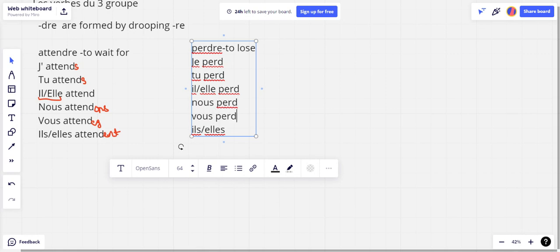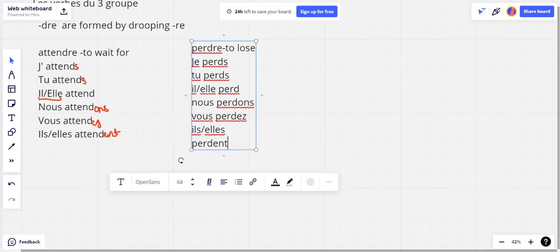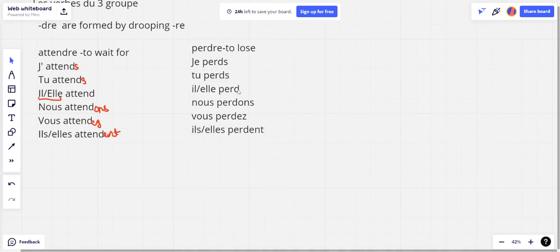That's why I'm doing this one, because there is a very similar verb related to this, and we're going to discuss it next. As I already did: s, s, no ending with il and elle, then ons, then ez, and then ent. You have to be really careful about the endings, because that's what the main part is all about.